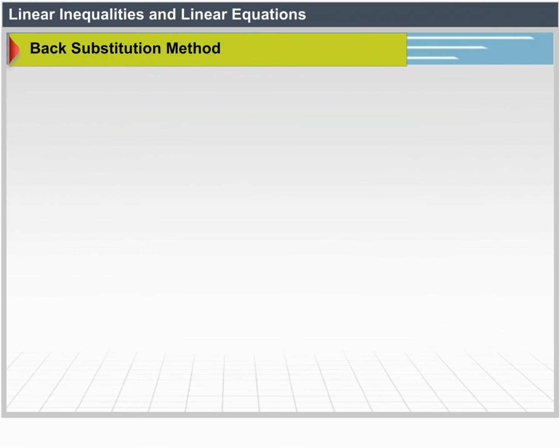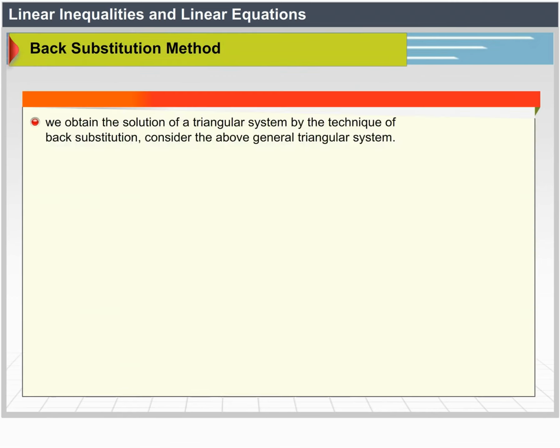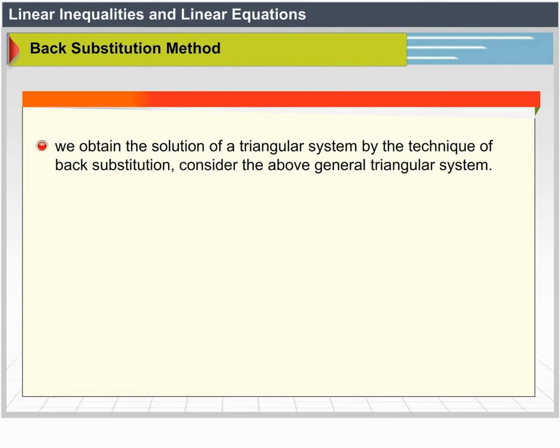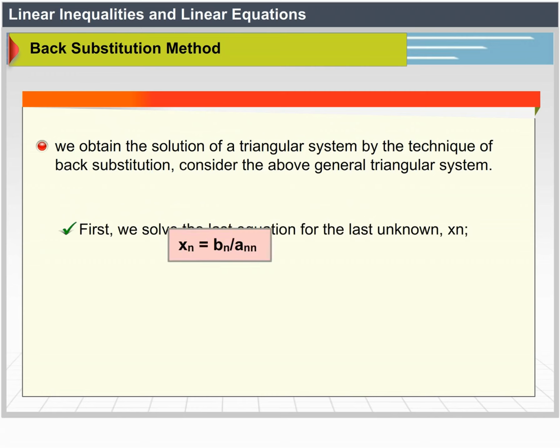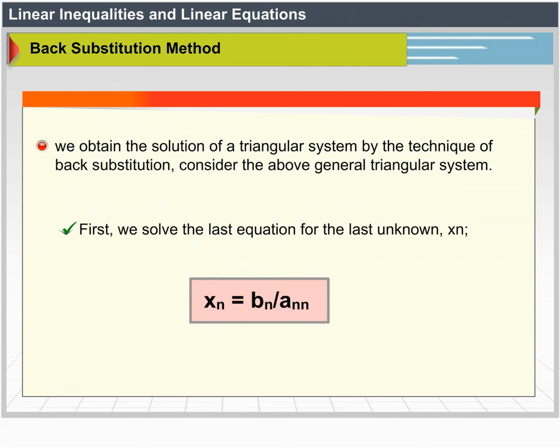Back substitution method. We obtain the solution of a triangular system by the technique of back substitution. Consider the above general triangular system. First, we solve the last equation for the last unknown xn. xn equals bn by ann.